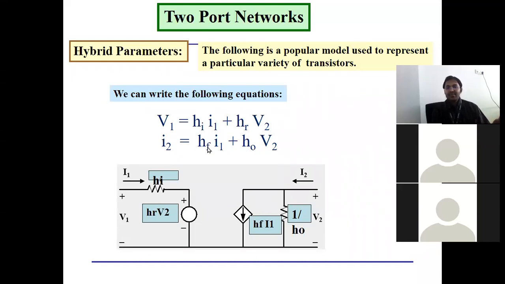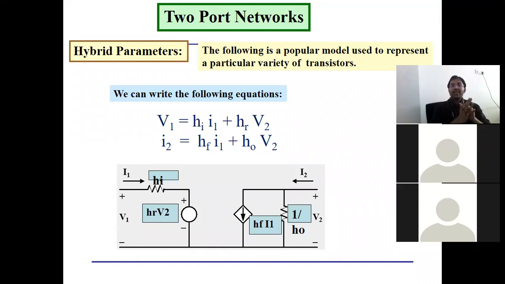The currents leaving should be one this, another this. Here again, this is in terms of current, so directly I am taking one current source, HF into I1. Now, if this current is I2, obviously the voltage has to be V2. So output, what do you have?